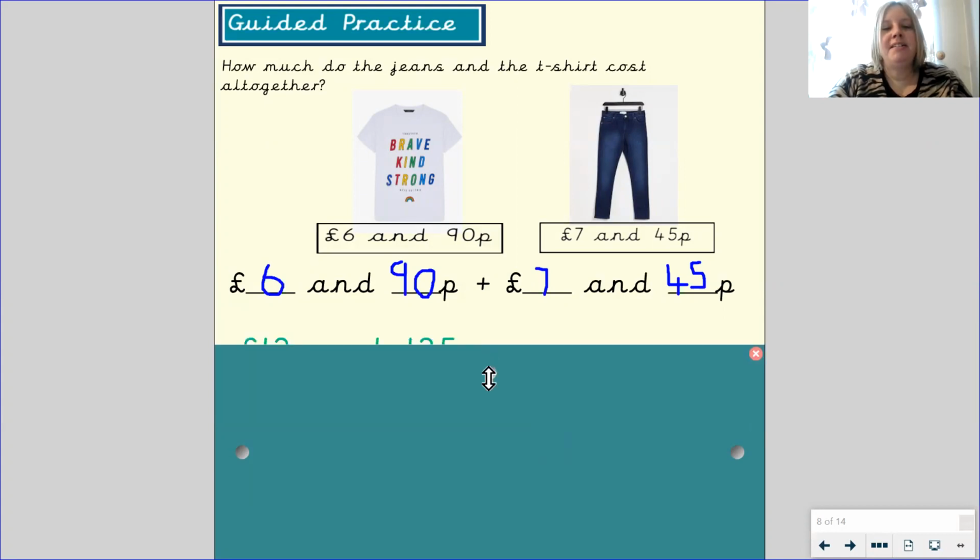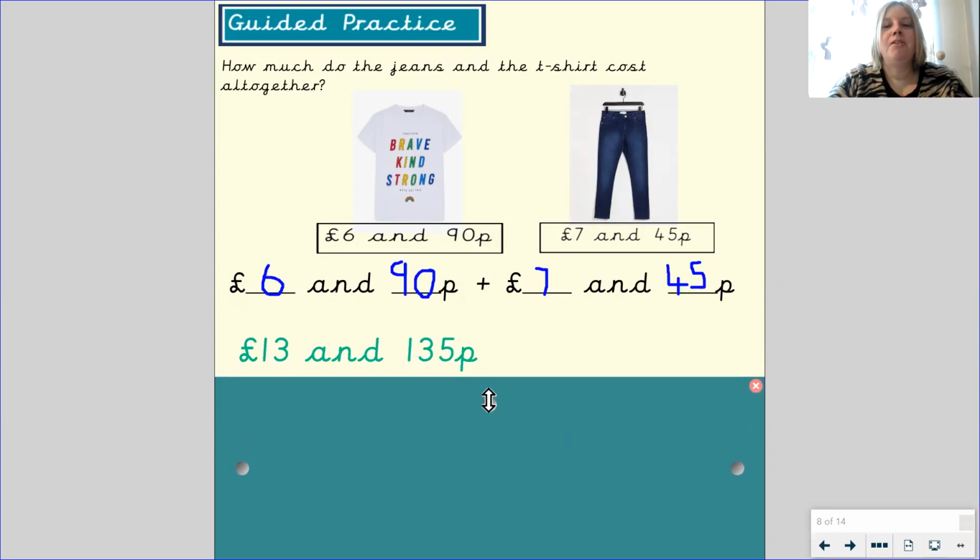Let's have a look and see how we got on. We should have found that we have £13 and 135p. And we find this by first adding the £6 and the £7 together to give me £13 altogether.